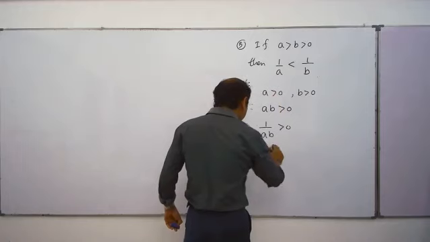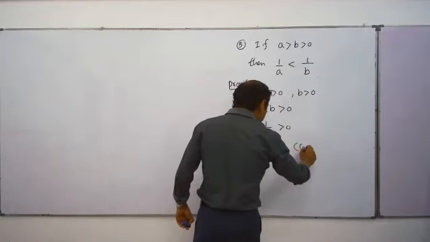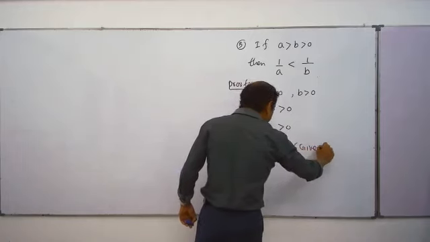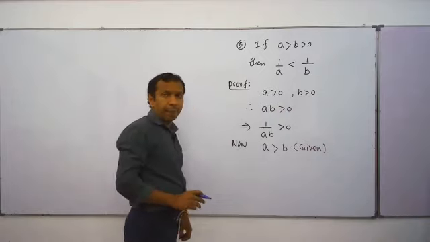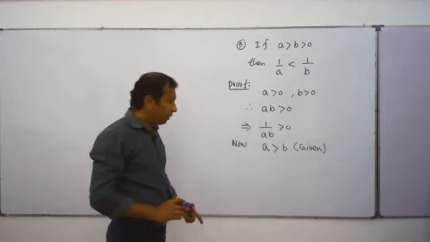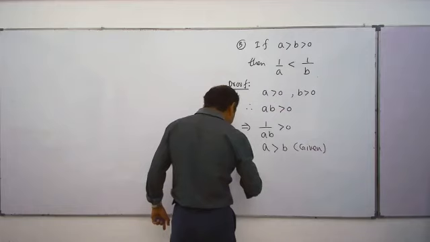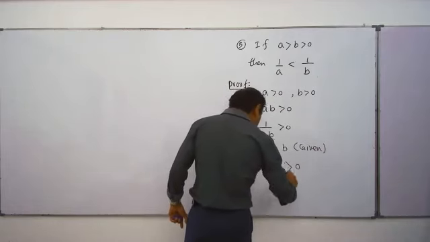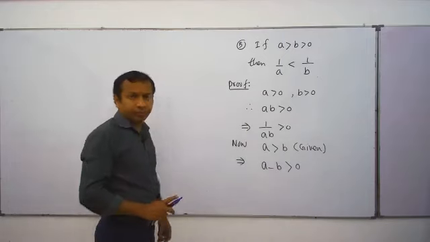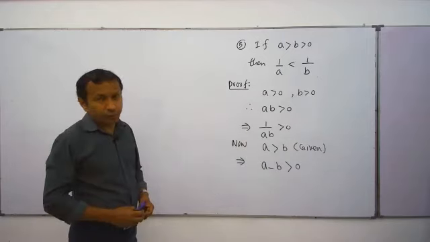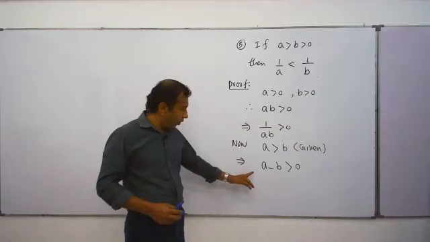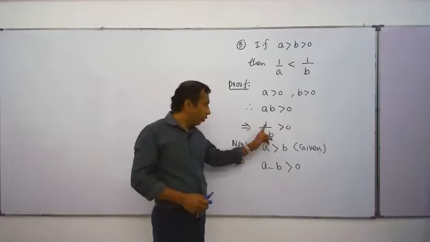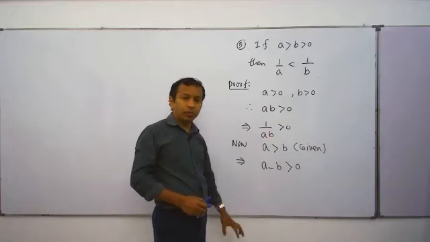we are given A greater than B. This is given. If A greater than B, this implies what, people? A minus B greater than 0, positive. You know that too. Now this A minus B is a positive value, and 1 upon AB is a positive value.